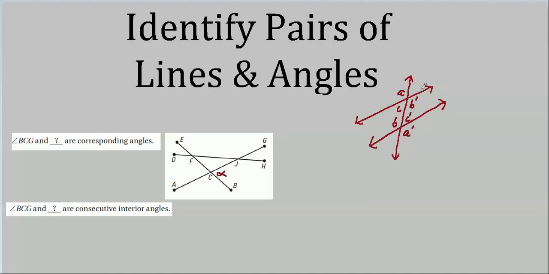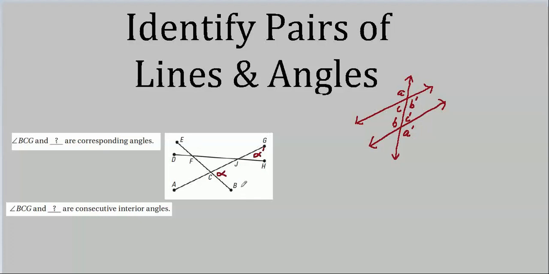When the lines are parallel, these angles have some special properties that we'll get into in the next section. When they're not parallel, they still have the same names, but not necessarily the same properties. So the fact that this line is being cut, we'll just call this one the transversal, and these are the 2 lines being cut by the transversal, they're not parallel.